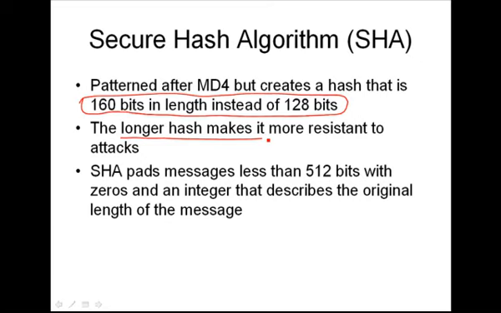This makes it more resistant to attacks than 128. And we're not really worried about how SHA works. There's some information in the book you can look at if you want to. A lot of heavy-duty mathematics, and for our purposes, we really don't need to know that much about the mathematics. We just need to know how to use these tools.